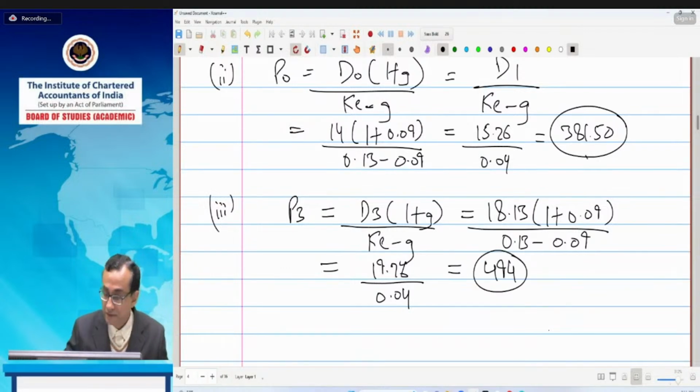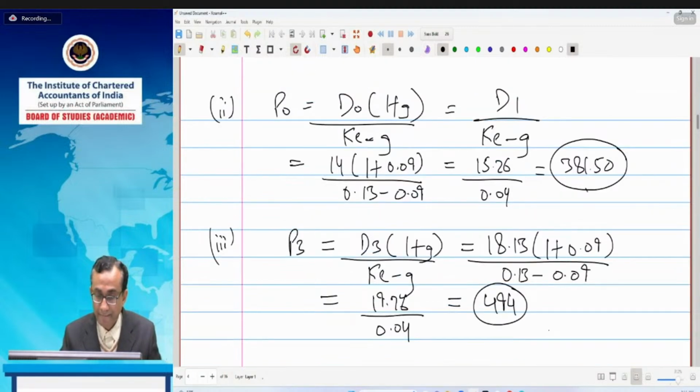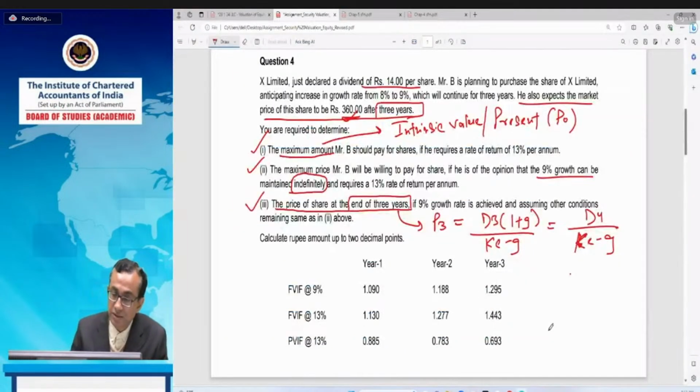So 494 is the answer. This is the value of P3. We will not calculate P0 of this amount because the question specifically asks only for the price at the end of the 3 years. So we will solve up to P3 only.